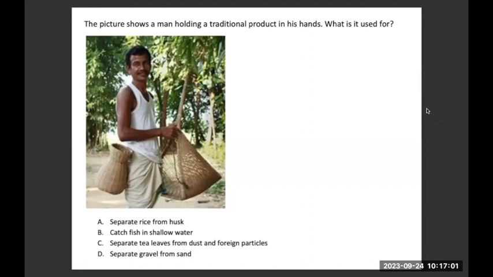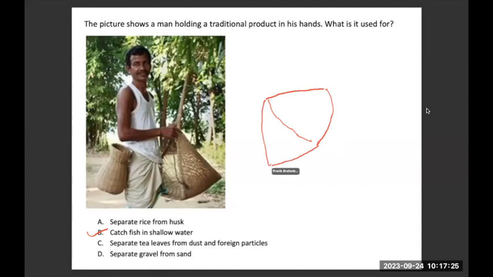Rishabh, wrong answer. Yes. In this case, the correct answer is option B, which is for catching fish in shallow water. What this instrument does is, it's a netted weave. It's a cane weaving, which you are seeing here, almost like a pyramidal form.